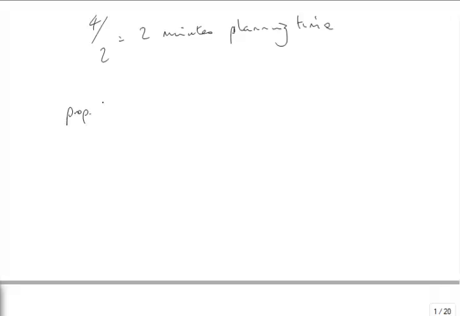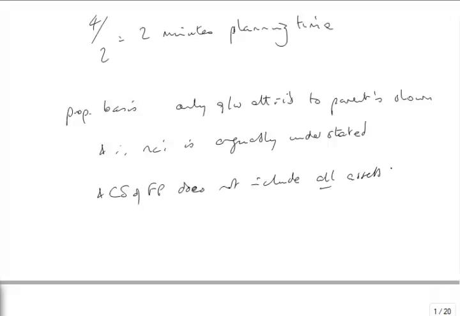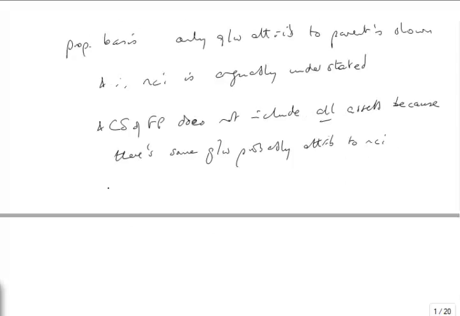So on a proportional basis, only goodwill attributable to parent is shown, and therefore NCI is, I'm going to say arguably, understated, undervalued, and the consolidated statement of financial position does not include all assets, because the goodwill probably attributable to the NCI is not shown, and therefore it's inconsistent.